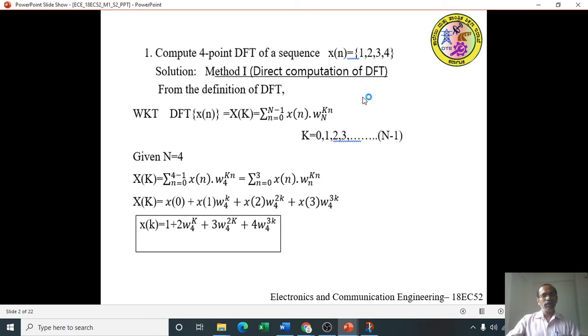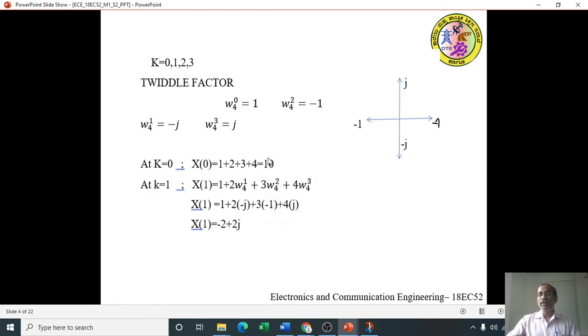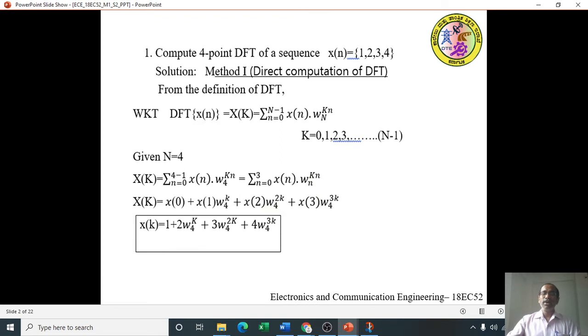You can observe that this has 4 products. These 4 products are repeated 4 times. Therefore, 4 into 4, that is N square, 16 complex multiplications are required. This formula requires 3 additions.